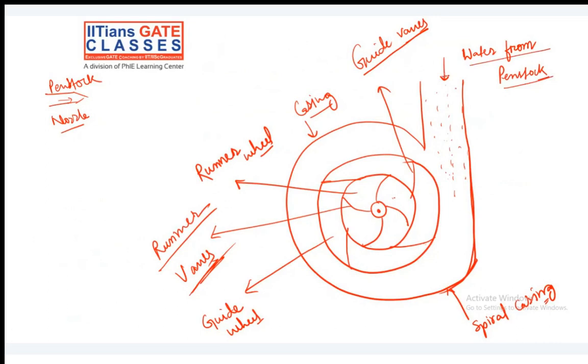In the Pelton wheel, we saw that at the inlet and at the exit of the turbine, pressure was atmospheric. But here, we keep on extracting the pressure from the water which was coming from the penstock.